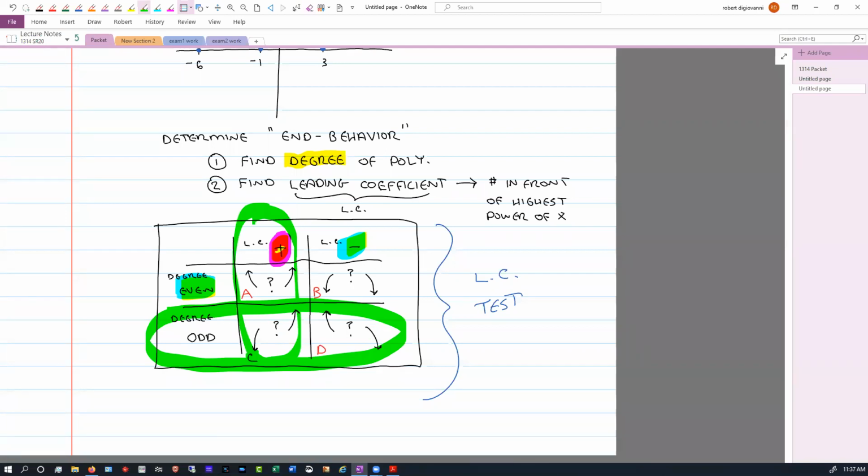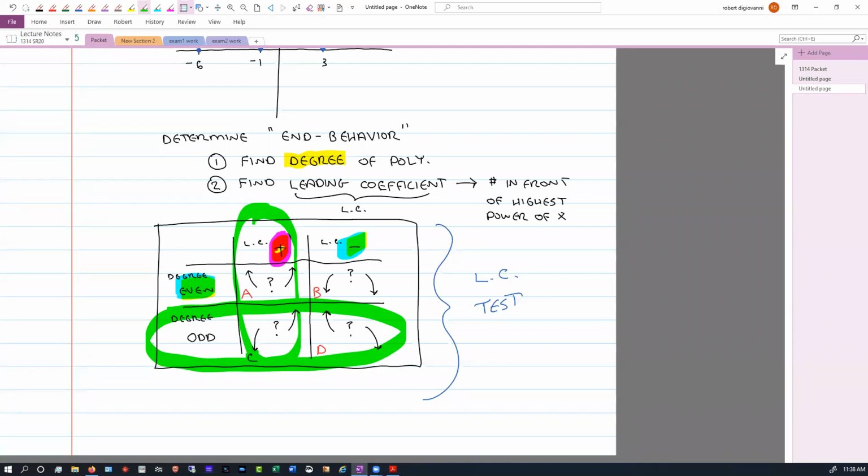Yeah, so positive is always going to be A, and odds are always going to be C. If your leading coefficient is positive, you're either going to be A or C. But if your degree is odd, then you have to be either C or D. So you have to look at both things at the same time.